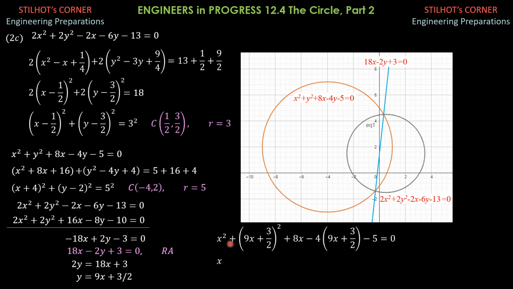So this is x squared plus 81x squared plus 27x plus 9 over 4 plus 8x minus 36x minus 6, then minus 5 equals 0. Combining like terms, 82x squared, 27x plus 8x, 35x, minus 36x, minus x, so it is 82x squared minus x minus 35 over 4 equals 0.